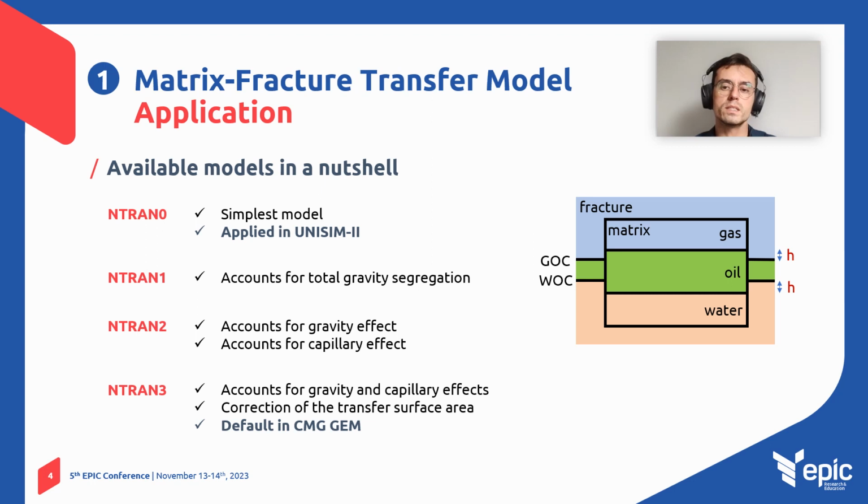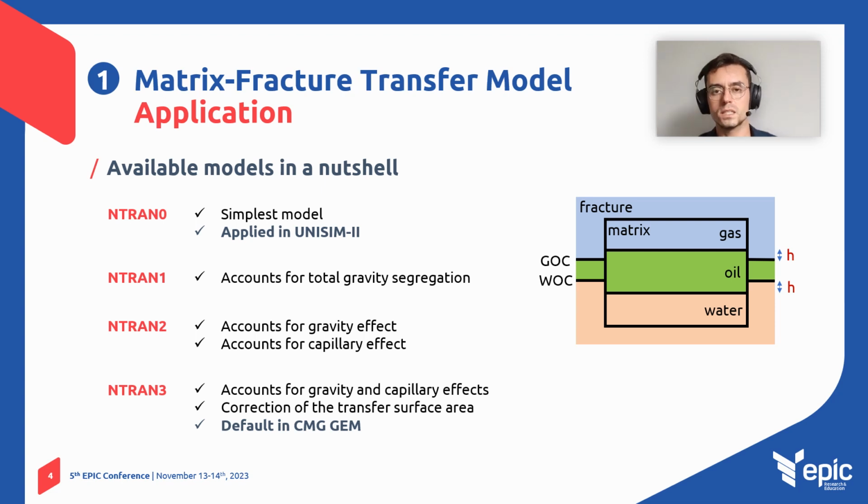And the first one is the matrix fracture transfer model. So this phenomenon is related to the effects that are considered on the mass transfer between the matrix and fracture in the same grid block. So we have Neutron 0 as the simplest model.